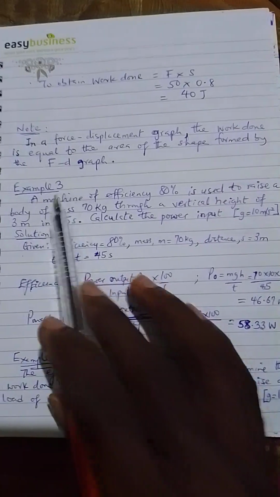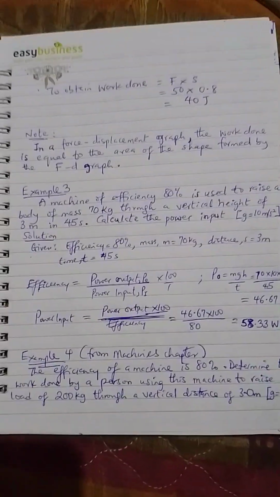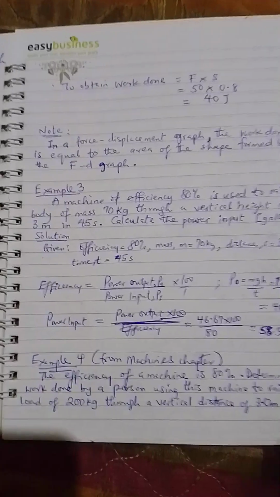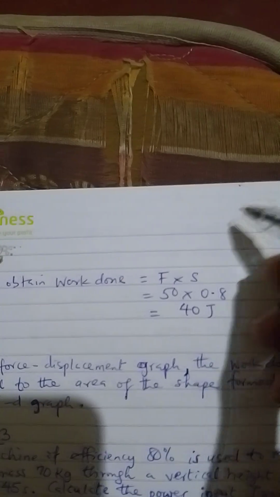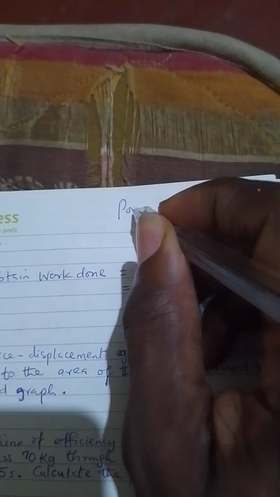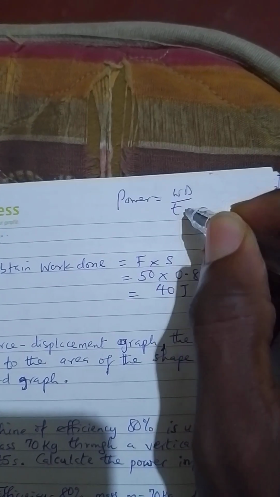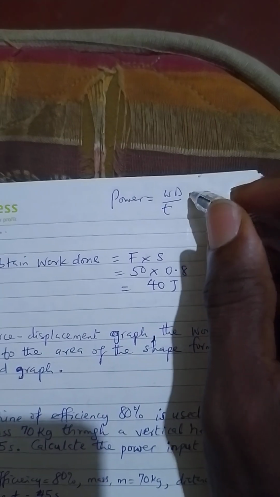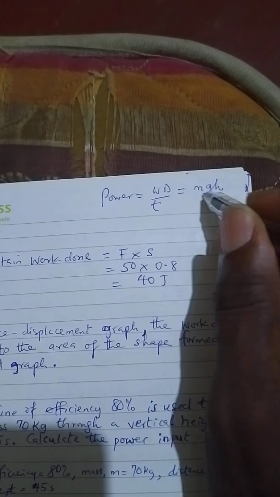Power, remember, we've not talked about power, but there's a connection between power and efficiency. Power is the rate of work done, the rate of doing work. So power is equal to work done over time taken, and is the rate at which energy is expended.